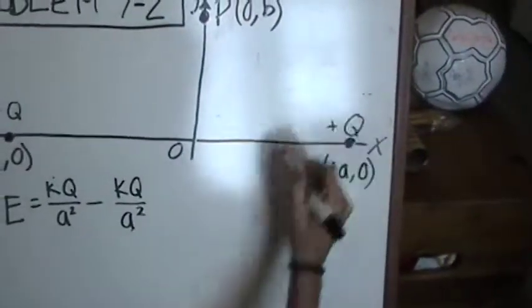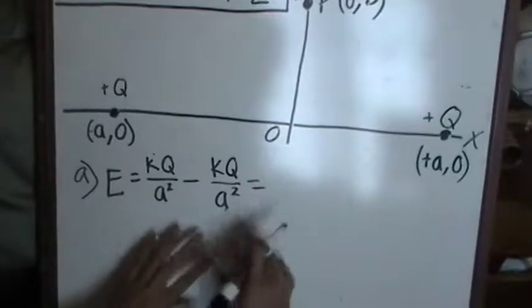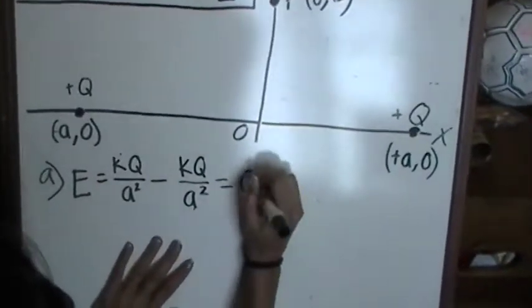Since these are all the same values, that equals 0.